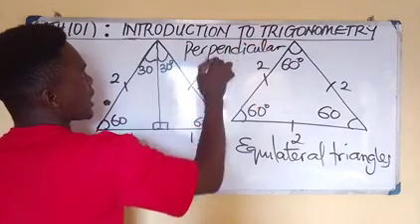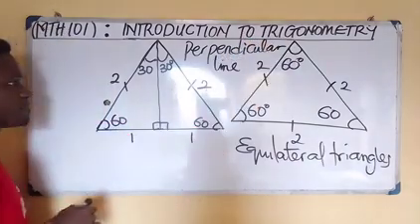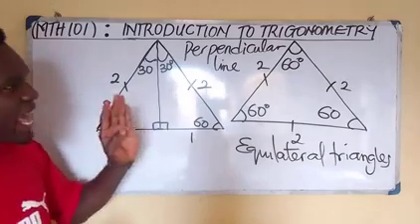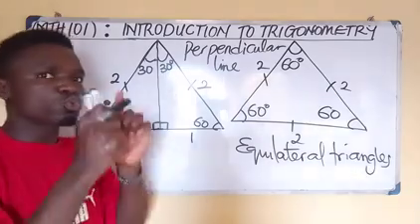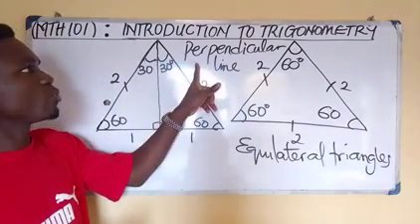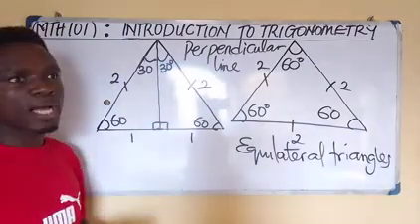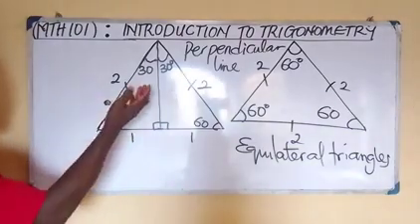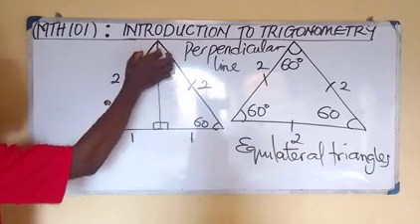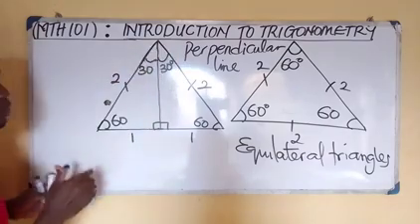So the line that divides an equilateral triangle into two equal parts, we call it what? A perpendicular line.